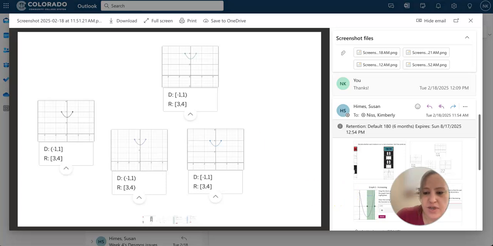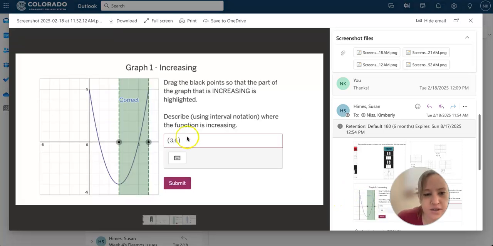So then the next one, this guy, you had to figure out where your graph was increasing. So you basically just had to take this, drag it over to find where your function is increasing.